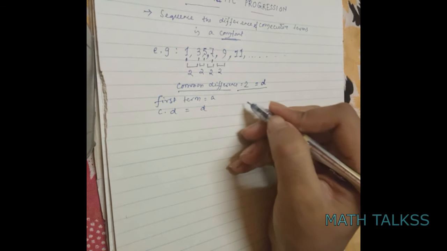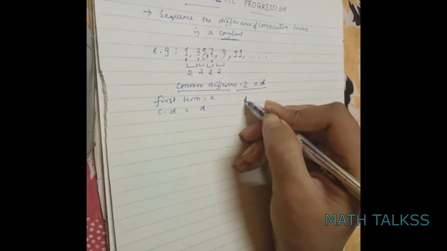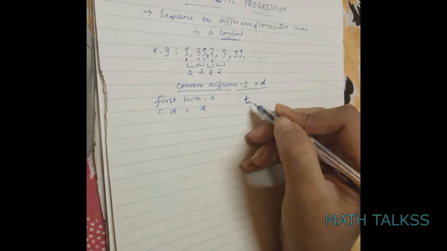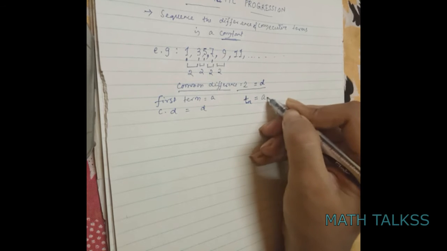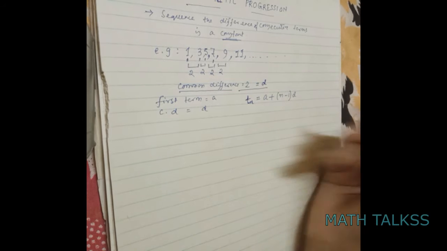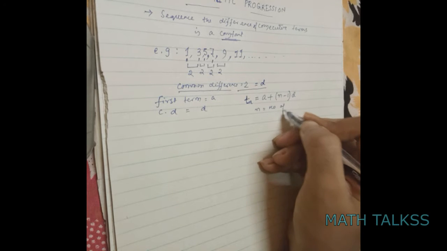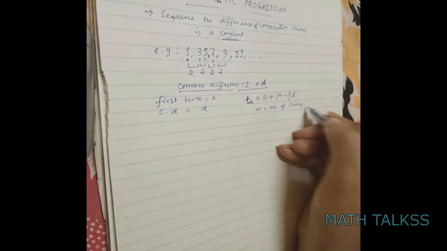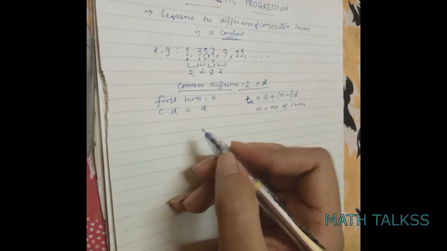The formula for the nth term Tn is Tn is equal to a plus n minus 1 multiplied by d, where n is the number of terms. Let me make it simple.